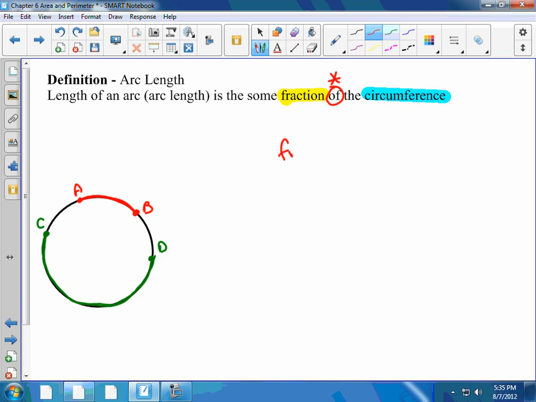So we're going to take that fraction times the circumference, and that should equal the arc length.